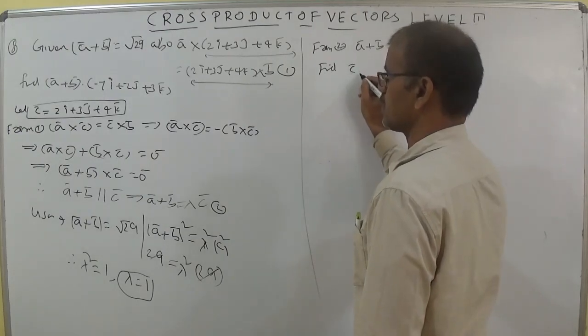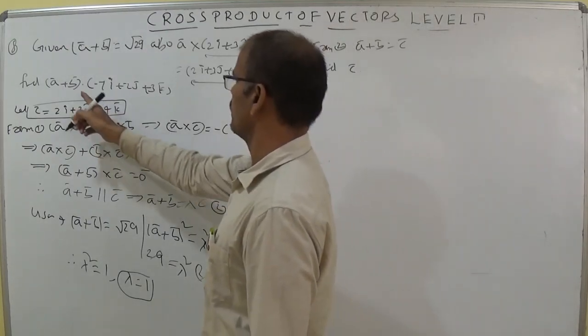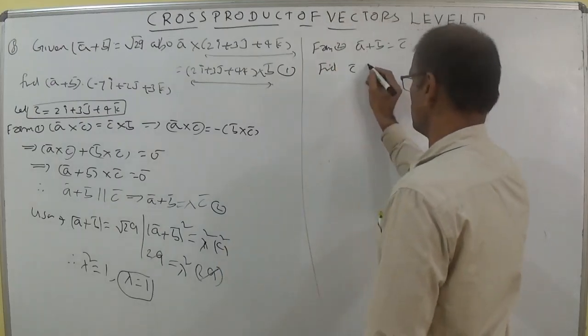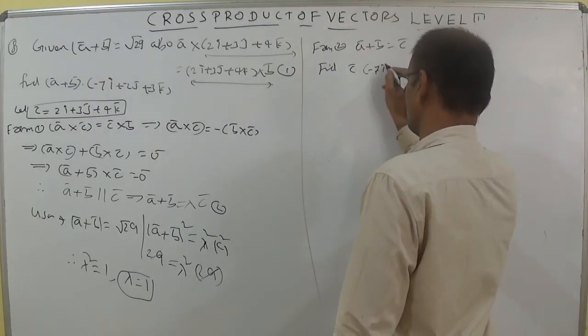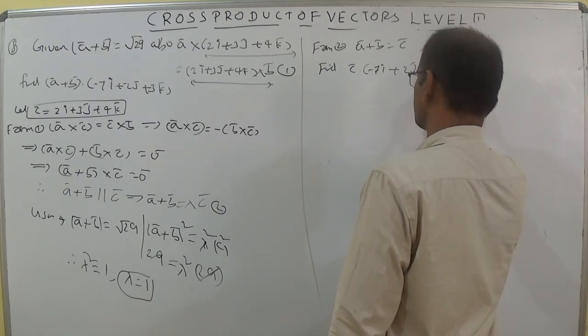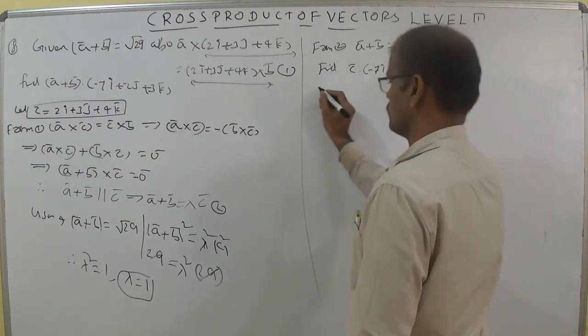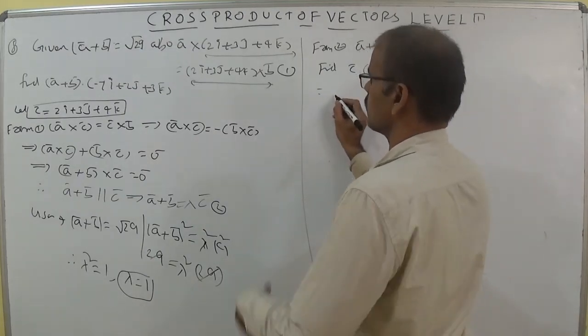Find C bar dot, that is A plus B dot minus 7i plus 2j plus 3k. What is the value of A plus B?